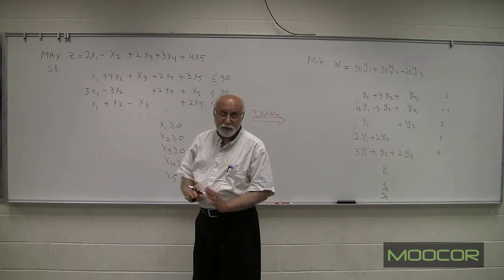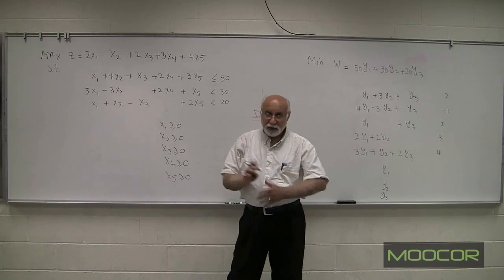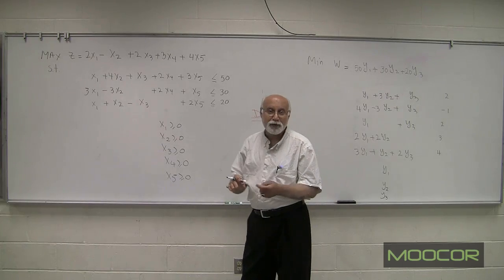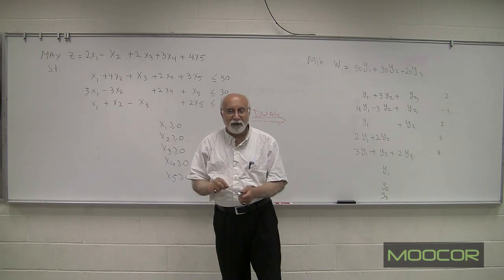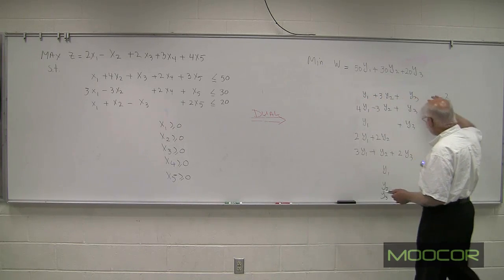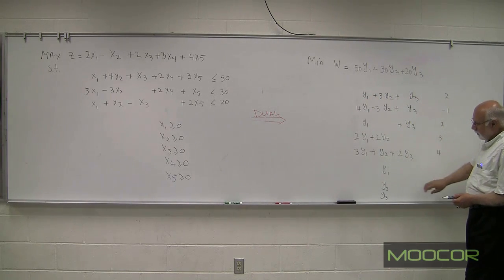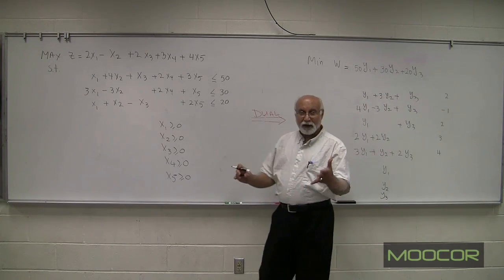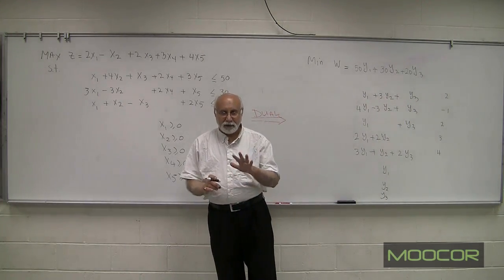The last thing that we need to do, and those are the tricky parts that most people make mistakes in, is the signs in here. We need the signs for this. We need the signs for this. Remember the way that I talked about it in the video.